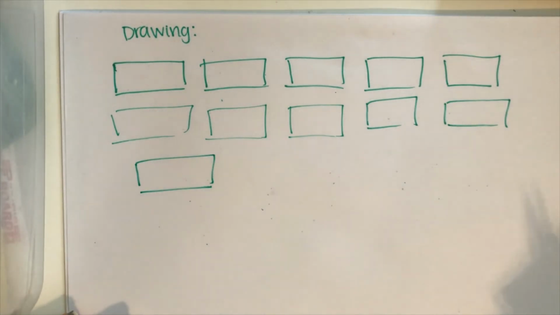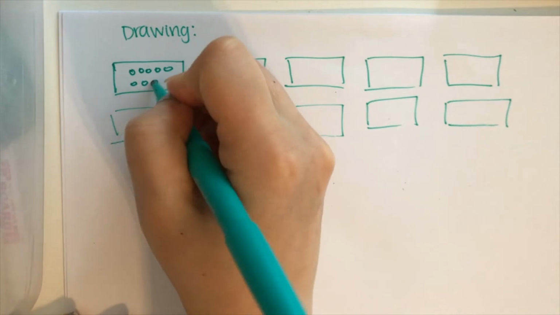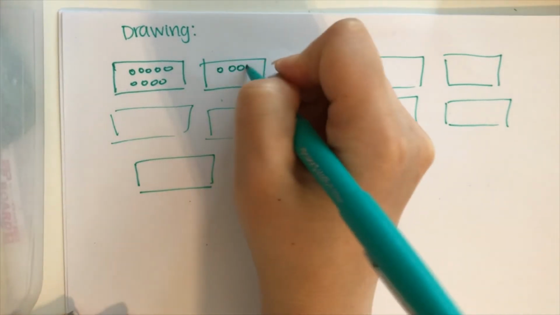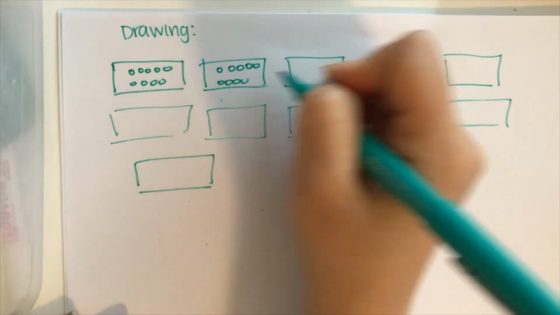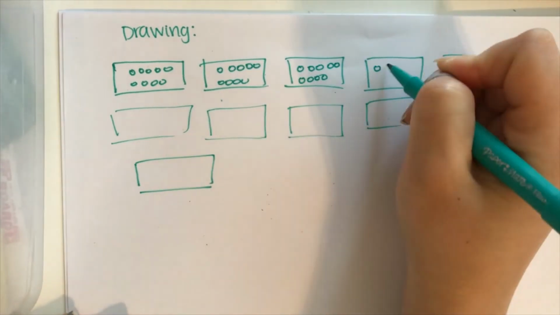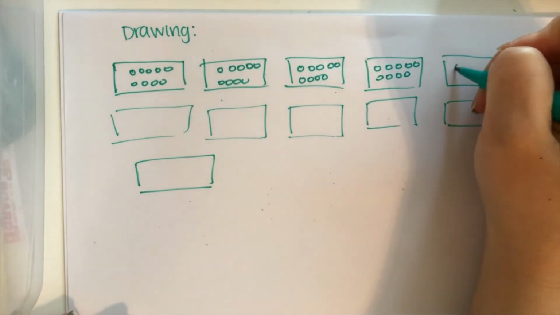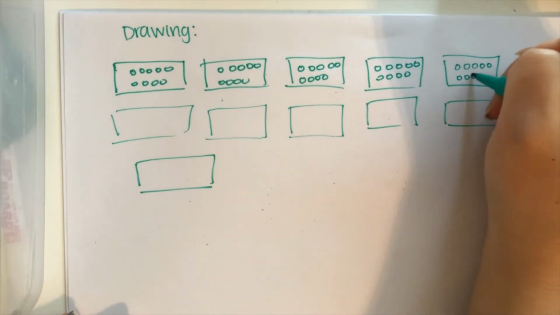And there are 9 cupcakes in each box. So now I need to put 9 in each box. Again, rows of 5, and then add 4.